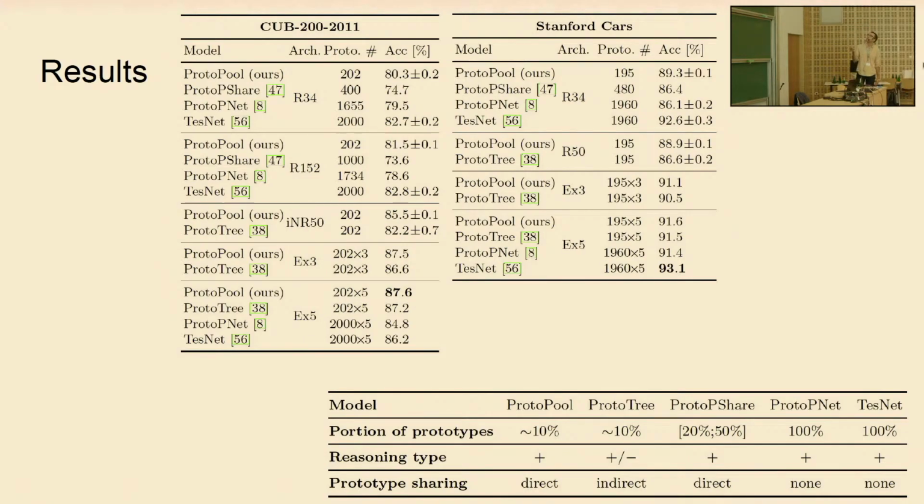And well, the main achievement of our work is that it obtained similarly good results to the most recent methods, or better. In the case of CUB, it was better. In the case of Stanford Cars, it was a little bit worse than TesNet, for example. However, compared to TesNet, we had far fewer prototypes, because TesNet does not share prototypes between the classes, and our approach shared them.